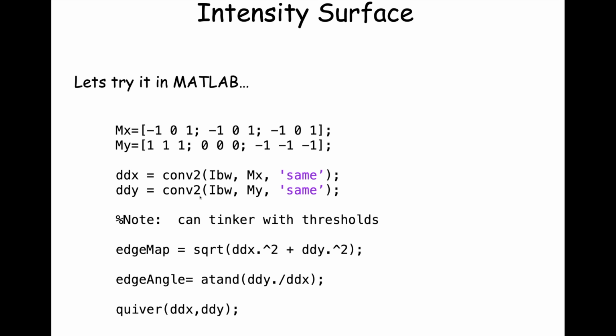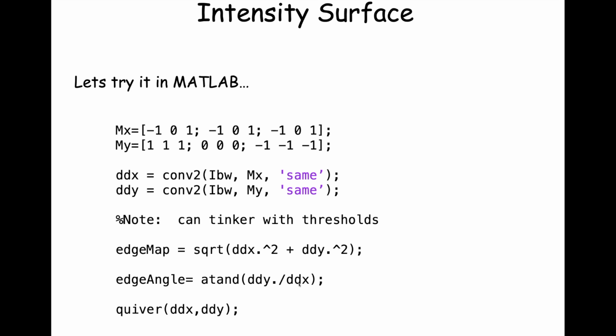And so then the result is our derivative with respect to x, and we get the derivative with respect to y. So now we're going to compute our edge map. We're going to take the magnitude of our edges. So here is the x gradient squared plus the y gradient squared, and we're taking the square root of that. And then the angle is the inverse tan, the arctan, of the gradient with respect to y divided by the gradient with respect to x.